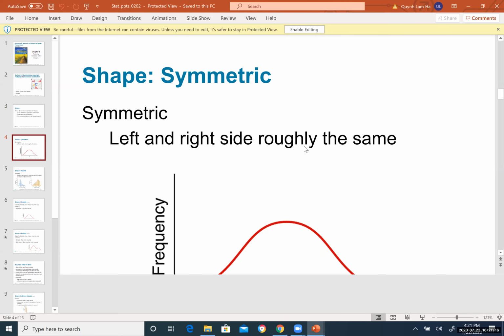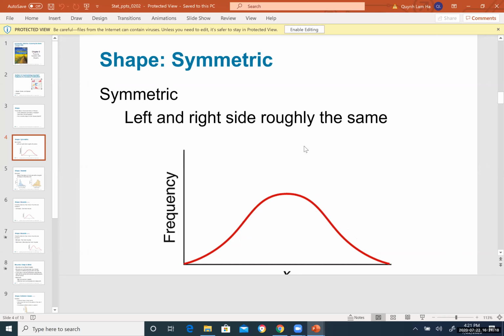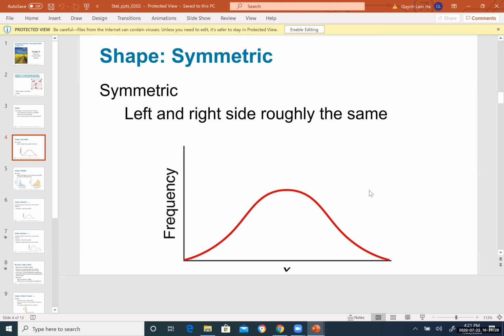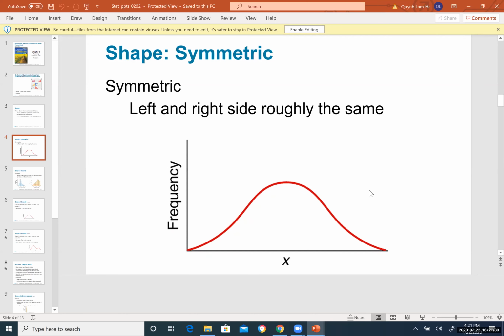For symmetric, we call it unimodal, or one mound shape, and the left and the right side look roughly the same. So when you have a histogram, it's okay, you just trace along to see the shape, then you can interpret that. So this is symmetric.